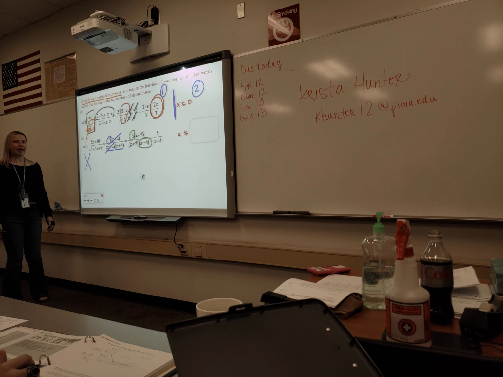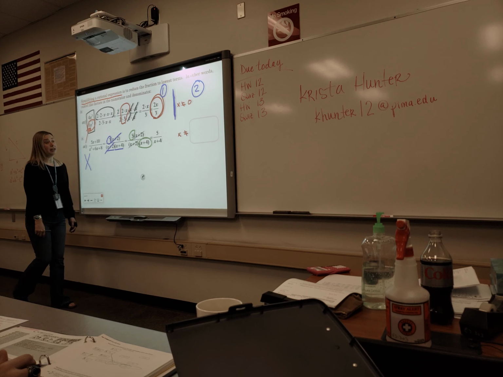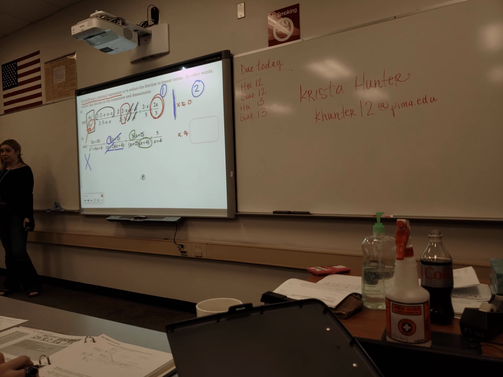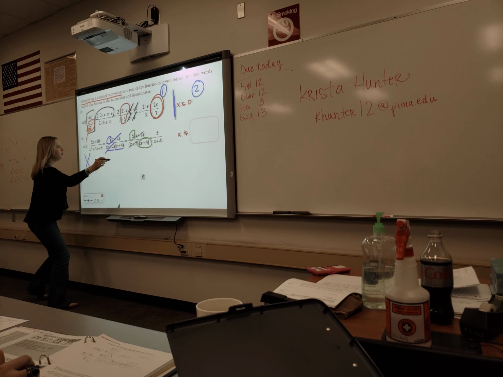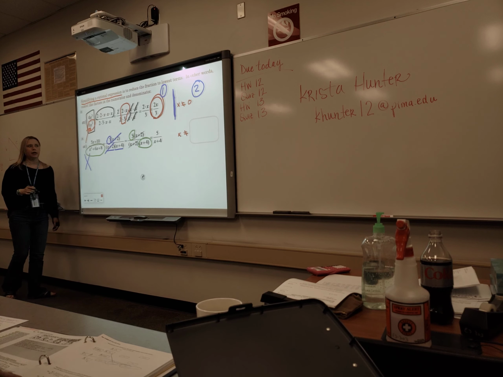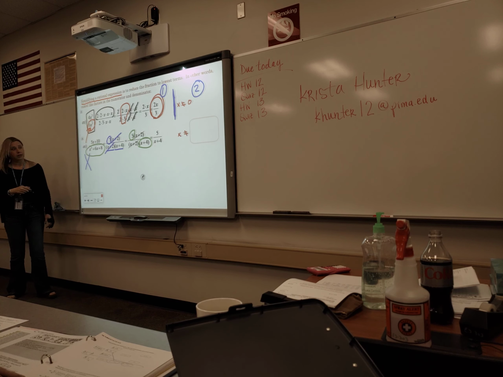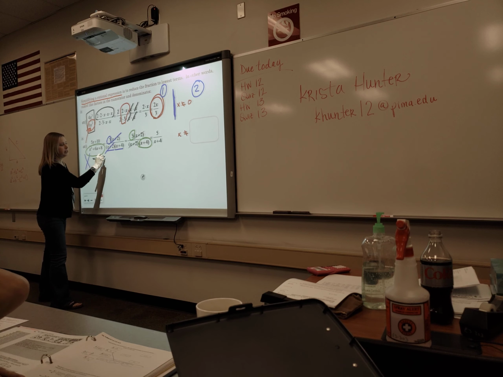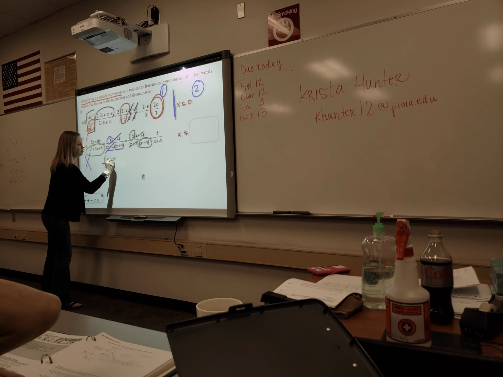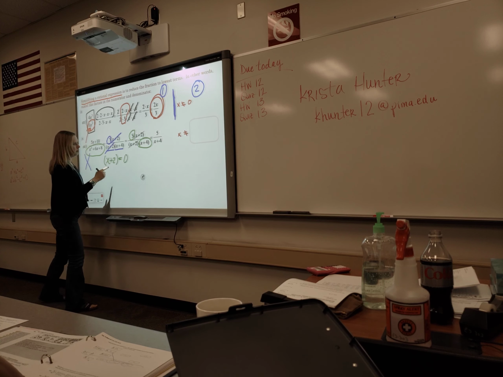Cool? Okay. So if we were looking for what values make this expression undefined, we have to go all the way back to the beginning. What values of x will turn this into 0? Well, we've got our factors here. We've got x plus 2, set that equal to 0.